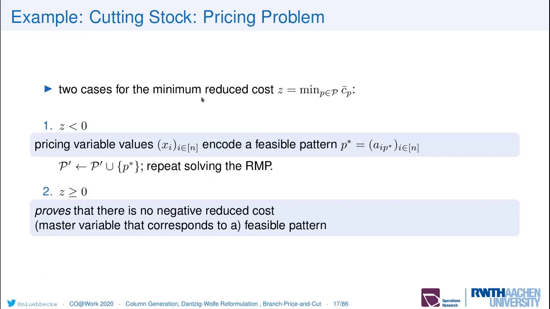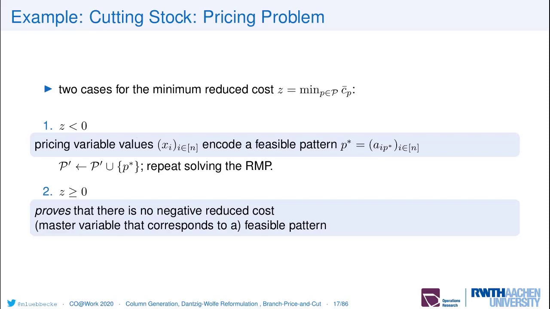So what can happen? Two cases actually for the minimum reduced cost, so the objective function value of the pricing problem. That could be negative. And if so, then I know that the variable values of the pricing problem encode a feasible pattern. This is exactly how we did it. So then we could add that pattern and the corresponding variable to the restricted master problem and iterate. So this was a master problem variable with negative reduced cost.